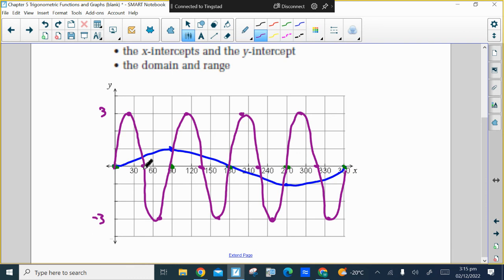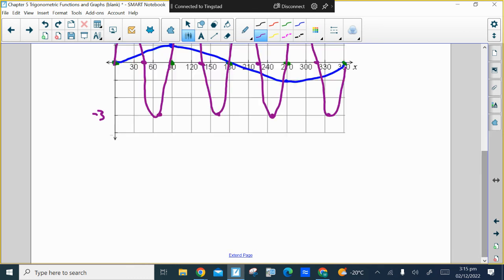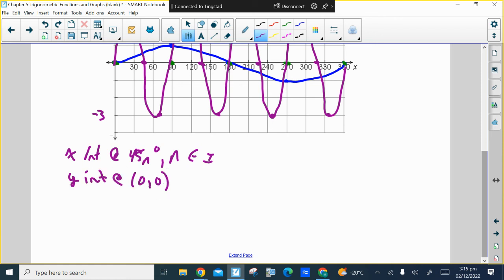Our next one is 45 degrees away, and every 45 degrees after that. So we can state our x-intercepts at 45n degrees, where n is an element of integers. Our y-intercept is at 0, 0.